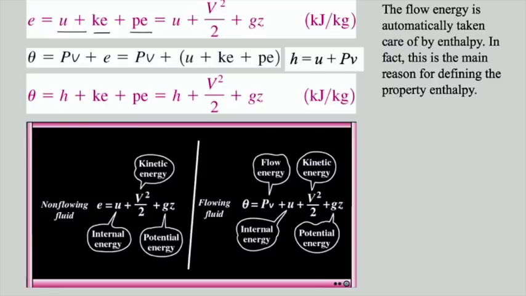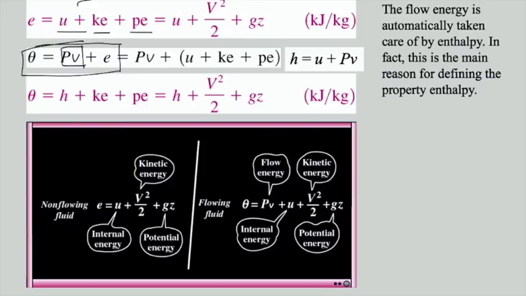We introduce the term PV, which we have discussed before, into the energy balance equations, like so. Now, instead of E, we have theta. Theta equals PV plus E. This equation is for a moving fluid.